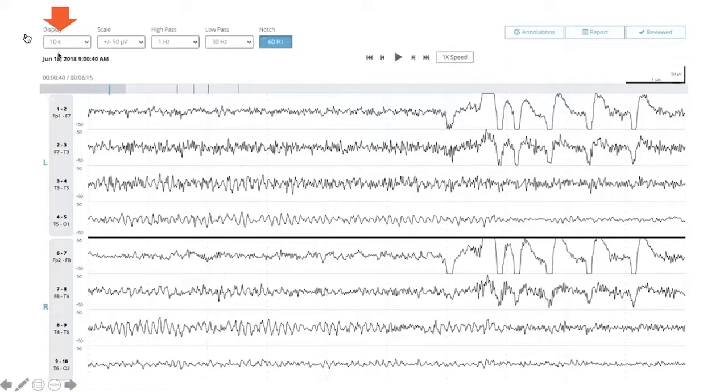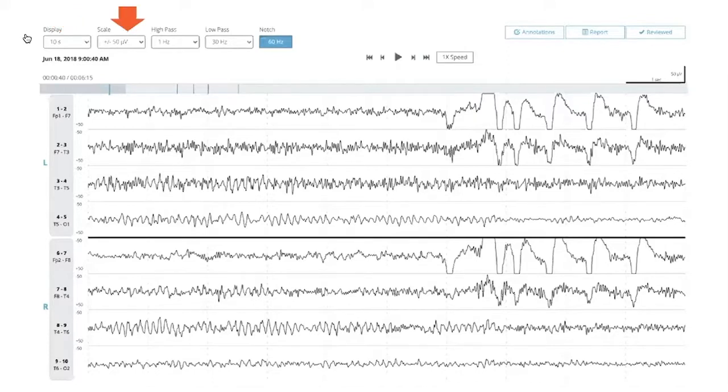So here, 10 seconds of EEG per page will be shown. So each of these horizontal lines demarcate a second. So if you actually compact the EEG to like 20 seconds per page, everything will start looking sharper. And that's not a nice thing to do. Usually I read it at 10 or 15 seconds per page.